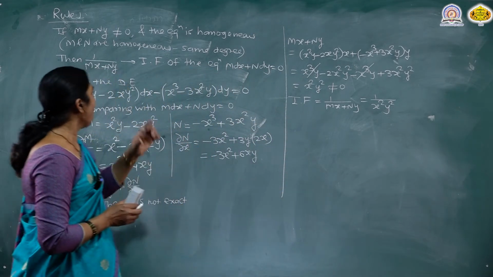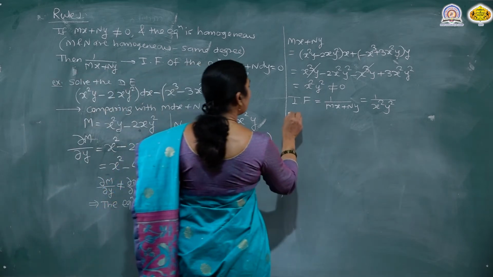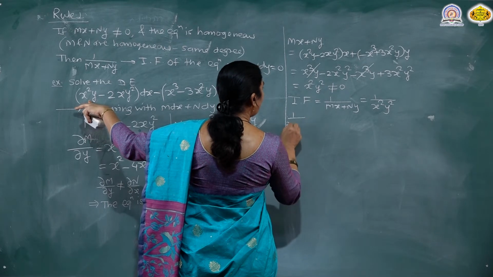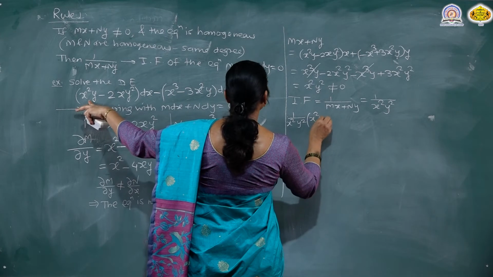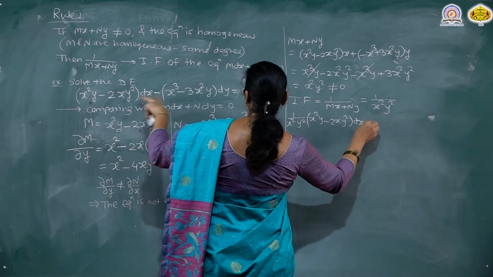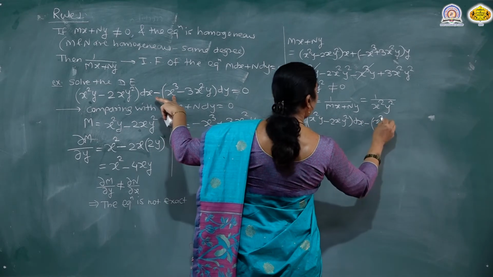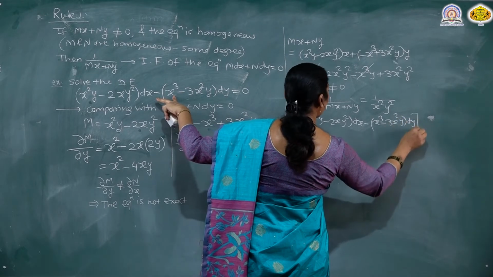Integrating factor means we multiply the given equation by the integrating factor. So if you multiply the equation by the integrating factor, we get 1 upon x²y² into (x²y minus 2xy²) dx minus (x³ minus 3x²y) dy equal to 0.